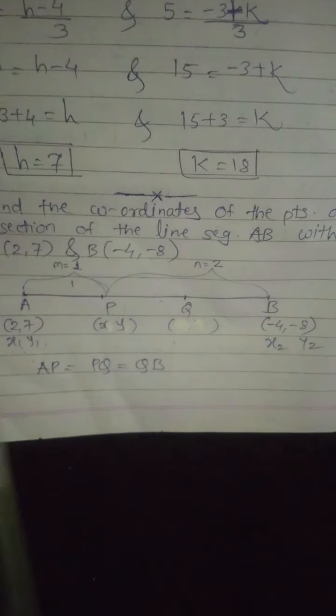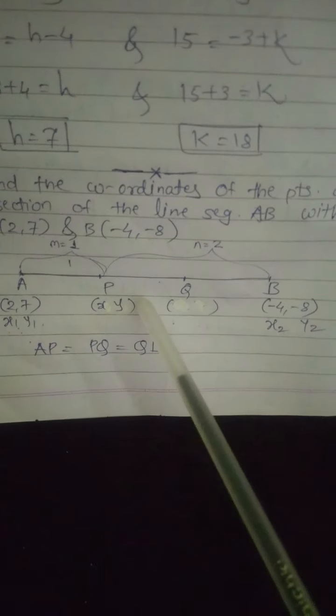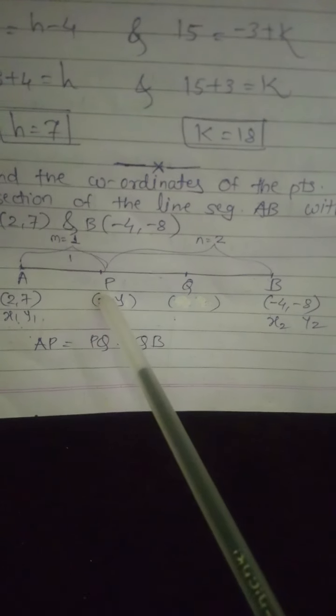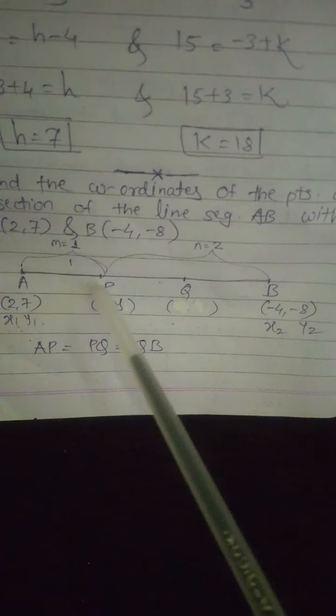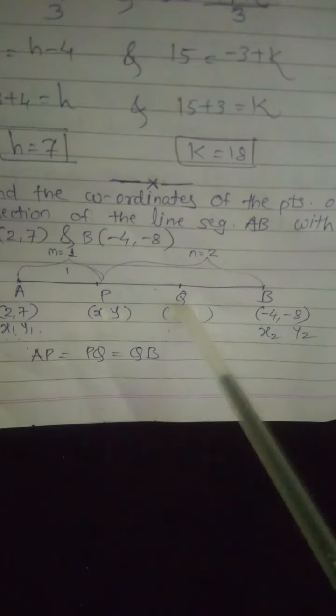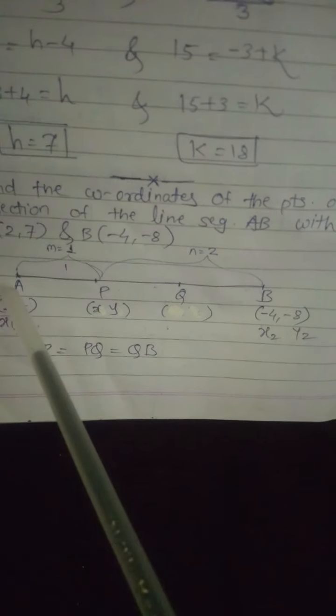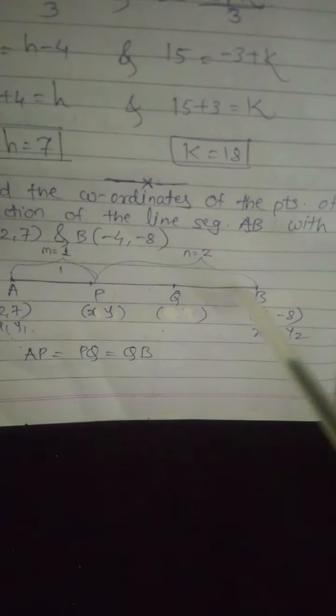From the figure we can easily understand, since there are three equal parts 1, 2 and 3, we write here P. So this is the first part and the remaining two parts are PQ and QB. So first we are going to find out the coordinates of P. See the figure, that is AP and PB.